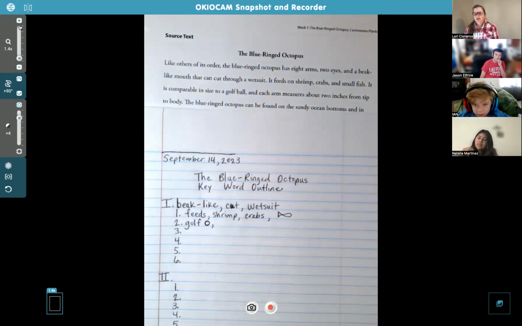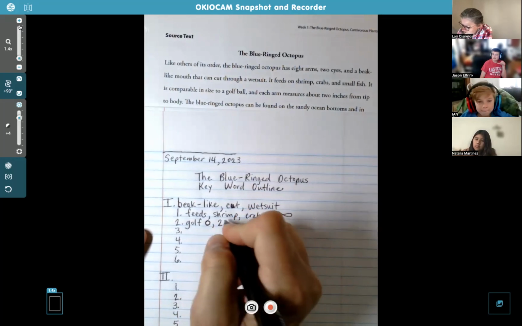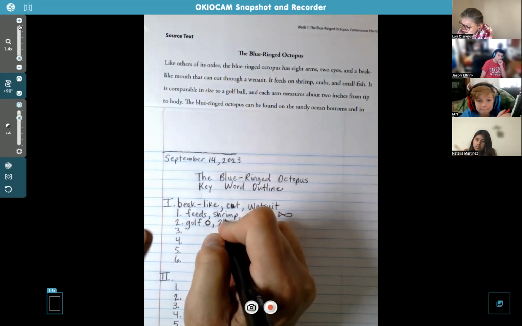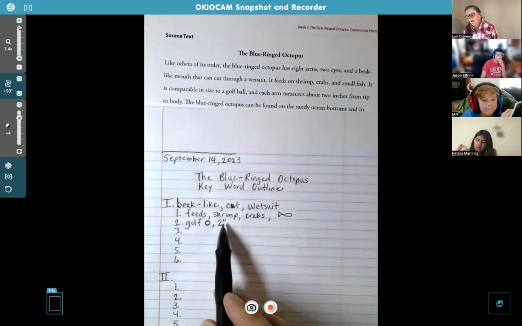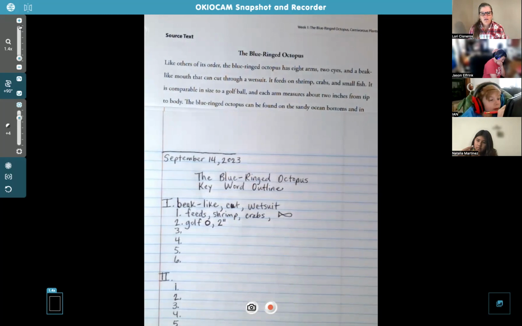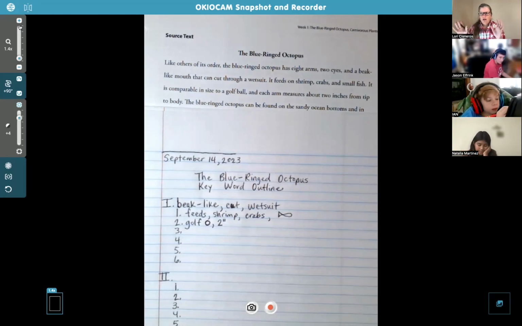Yeah, Natalia says yes. Let's do the number 2, and then inches is like 2 little lines like that. You've probably seen that before. And guess what? We got a number and a symbol. We don't have to count that either. So the only word we've used so far is golf. So you get a little creative as you're writing these outlines, using symbols like that.